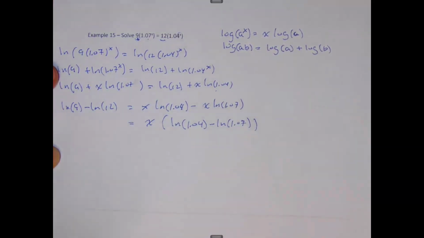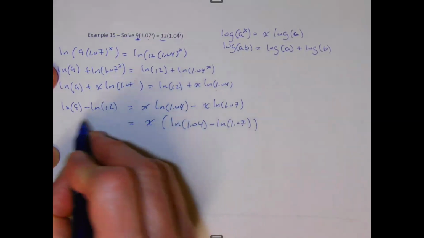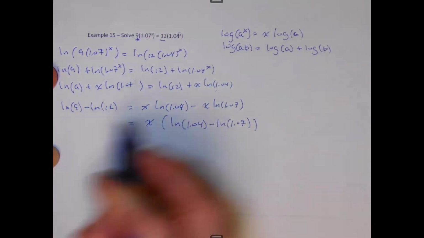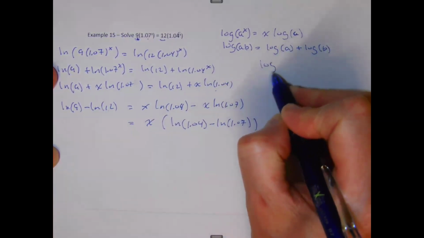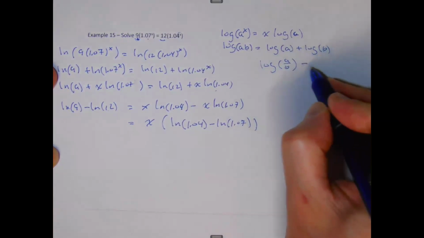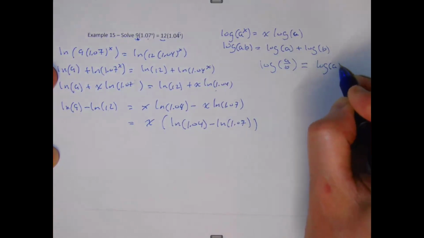Now, this is optional, but just to show you that we can, the whole point of this is to condense when we have to apply the log rules. So if I apply now the other log rule, that says when I have a difference of logs, I can write them as a ratio.